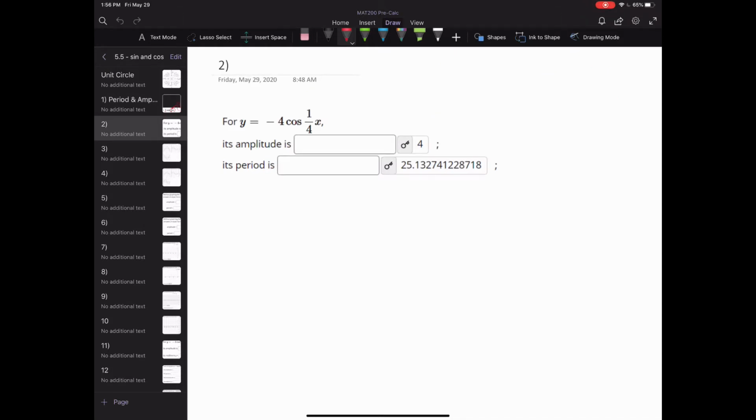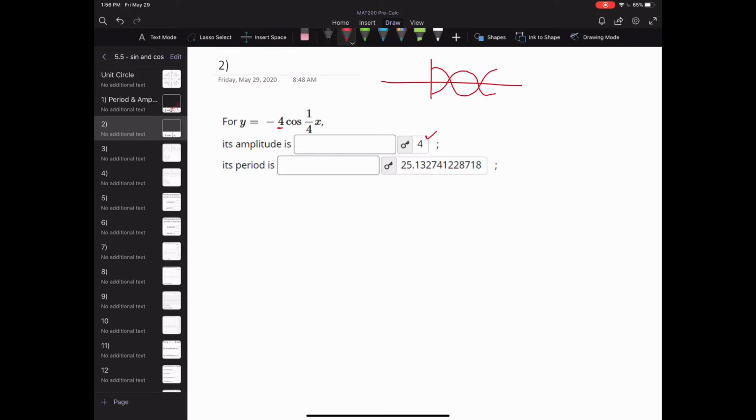Even though you have that negative there, the height is 4. That negative does flip around the curve. Like we know that a cosine curve kind of looks like that, and the negative flips it around. So it would actually look like that. So the amplitude is just that number.